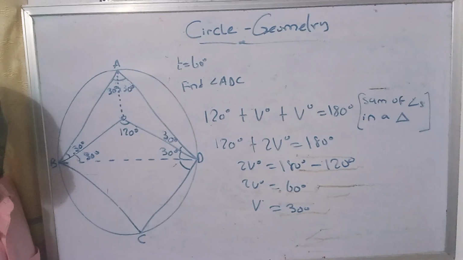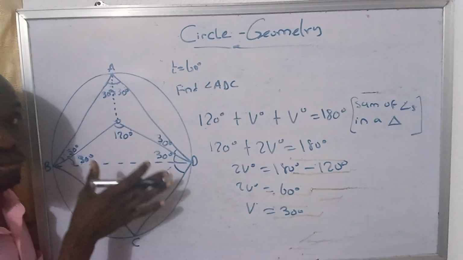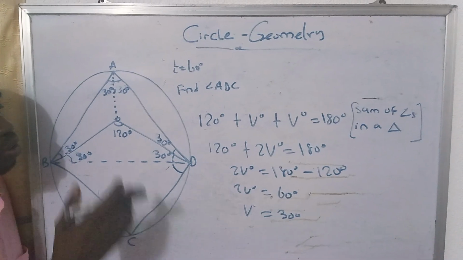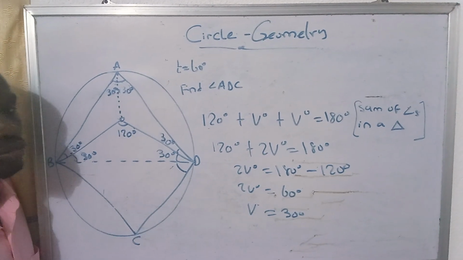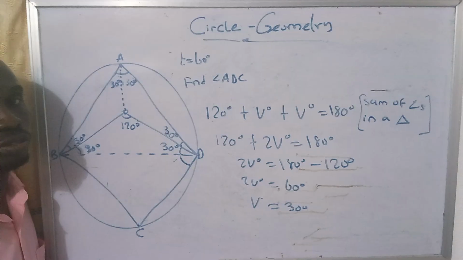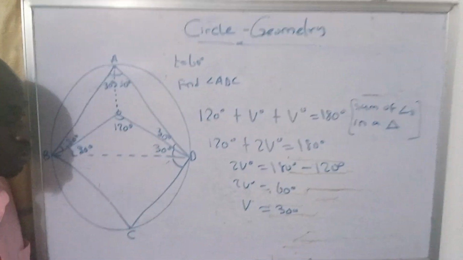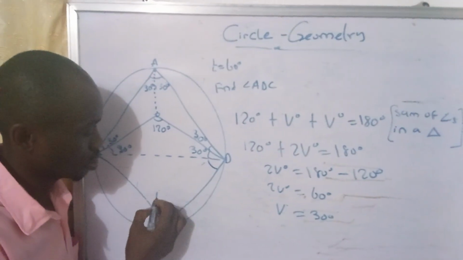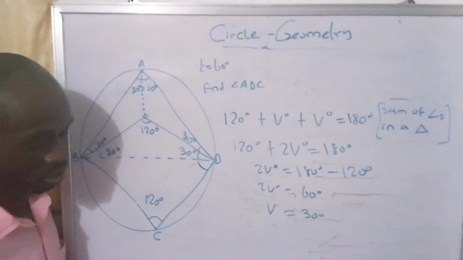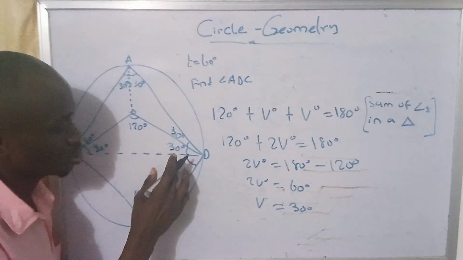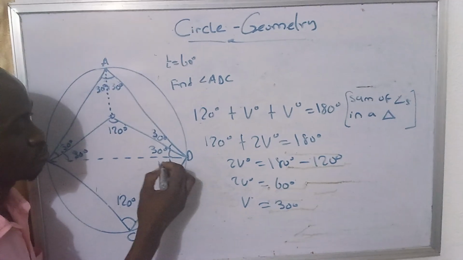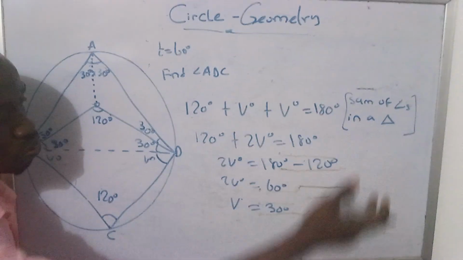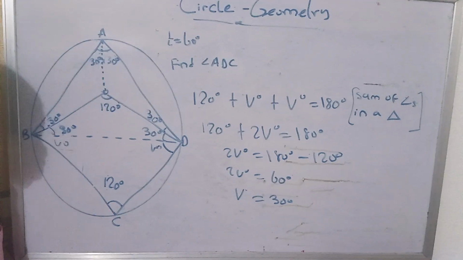And because we're working with the shape of a rhombus, we're going to apply the rhombus theorem that says opposite angles in a rhombus are equal. That means that if 120 is here, 120 is going to be here, right? So we're going to call this place 2v degree. So we're going to apply the same theorems right here, since it's a rhombus.